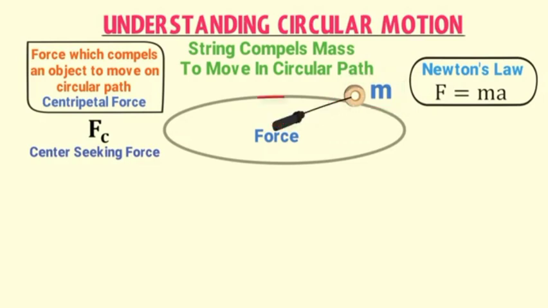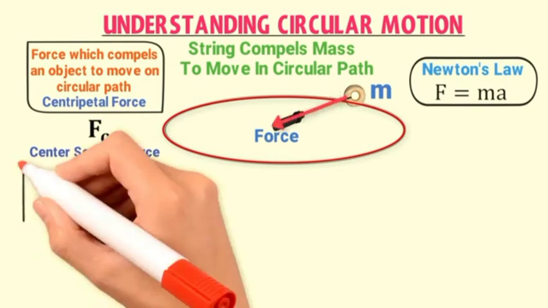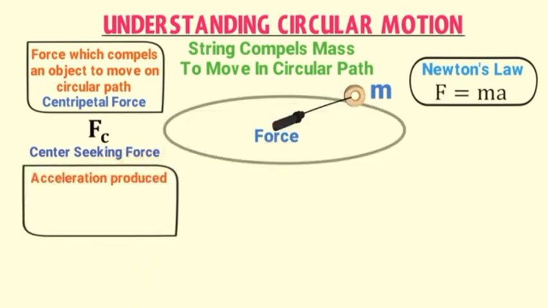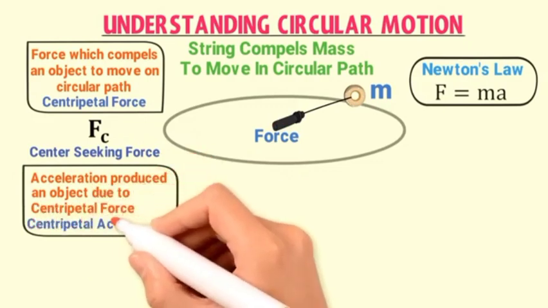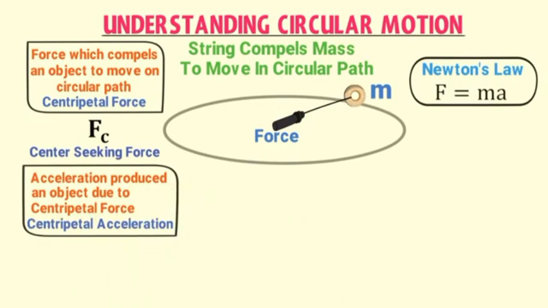So, any body moving around a circular track possesses acceleration due to centripetal force Fc. Remember that acceleration produced in a body due to centripetal force is known as the centripetal acceleration. Centripetal acceleration is denoted by ac.